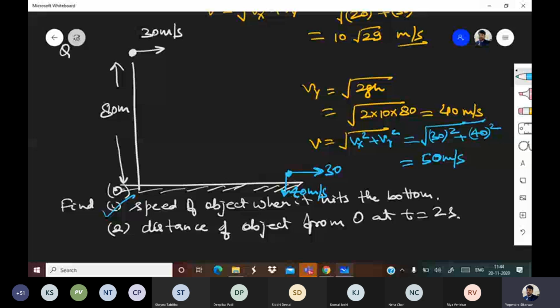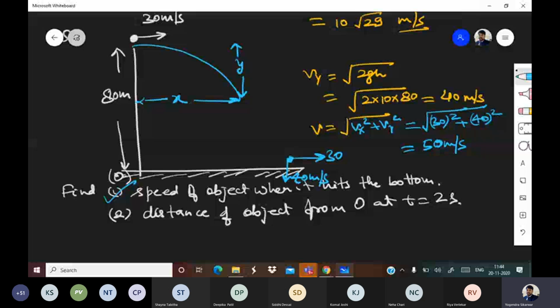So let us see how much it has moved in X and in Y in 2 seconds. Everyone please pay attention. Suppose the object has gone like this. This will be your X displacement and this will be your Y displacement. X will be quite easy because X will be Ux into t.